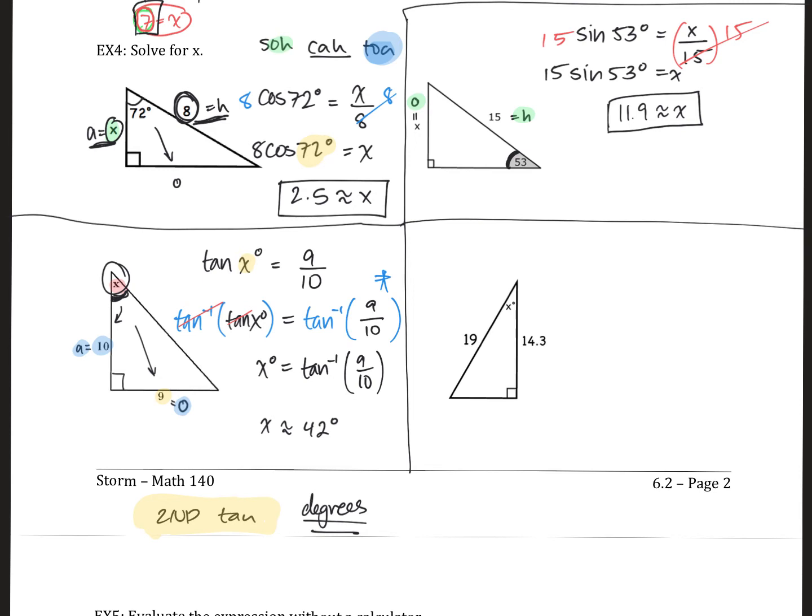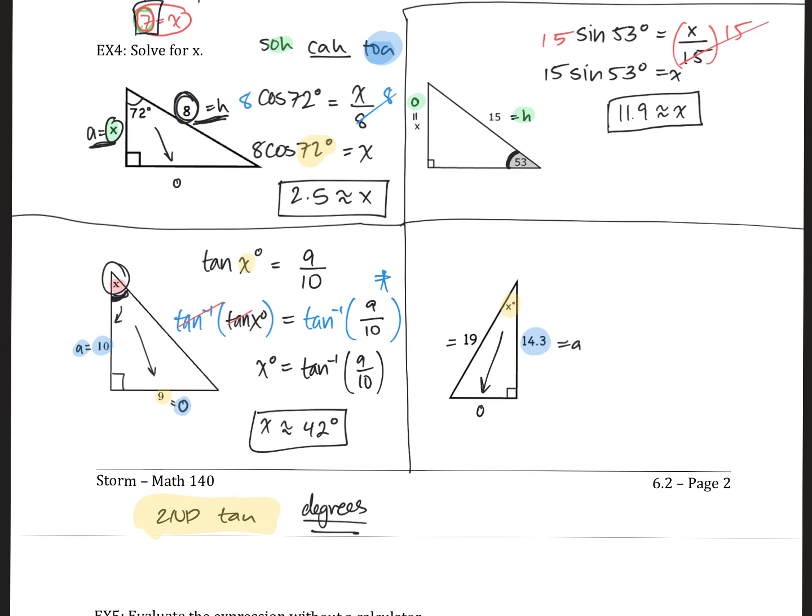Alright. Now let's check the next triangle. What are we given? Oops, forgot to box my answer. What are we given for the next triangle? Well, we're trying to find the degree. And on that degree, we are given, let's see, that looks like the adjacent value, because the opposite one, we aren't given that.